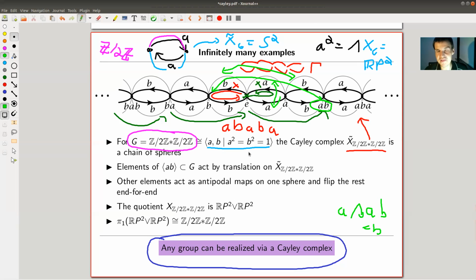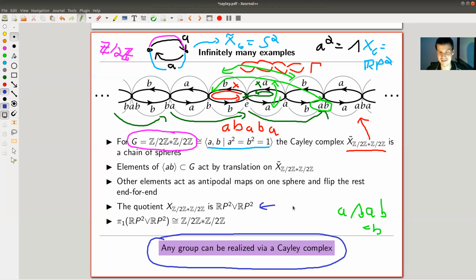That's a funny action, and it's maybe not completely obvious, but also not so hard to see that now the space I'm looking for is a free wedge, the wedge of two RP2s, which is of course impossible to illustrate, or maybe not impossible, but not so easy. It's this necklace of spheres, and now you identify points along the orbit I just explained.